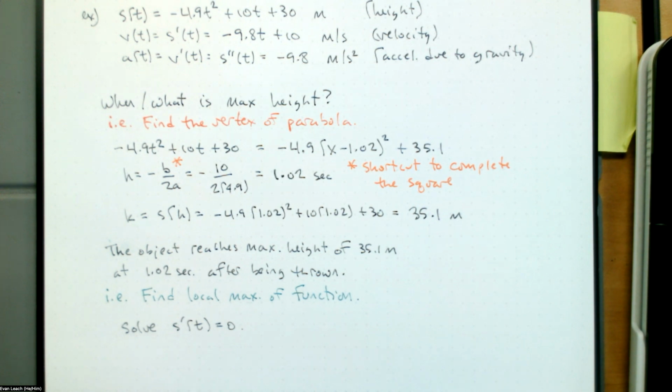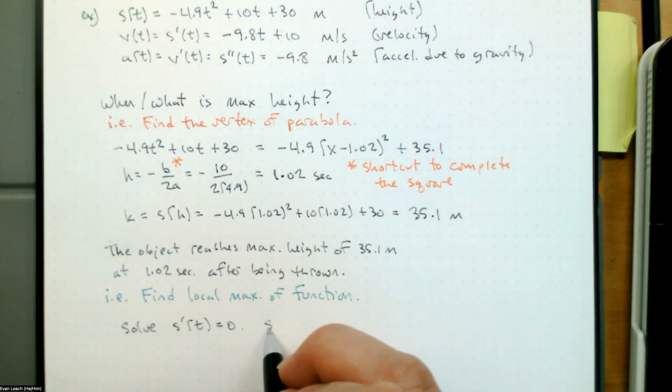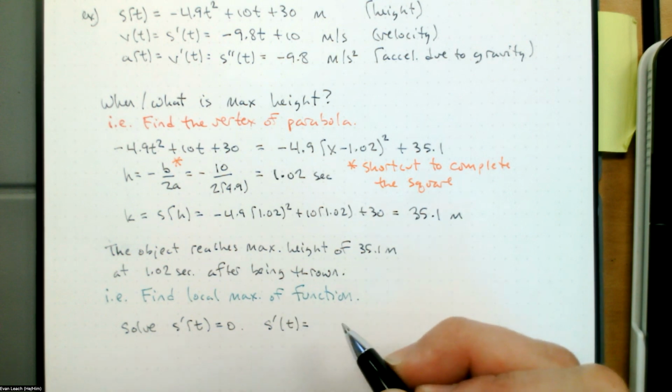This will give us a critical point, and then we can classify that critical point as a local maximum, a local minimum, or neither of those. We know it's going to be a local maximum because we know we're dealing with a parabola. So s prime of t is v of t.